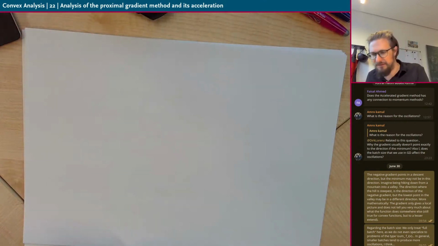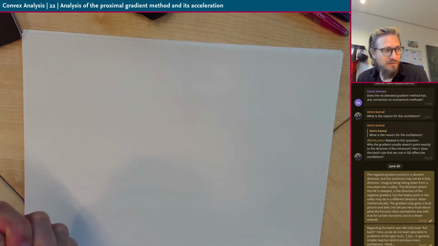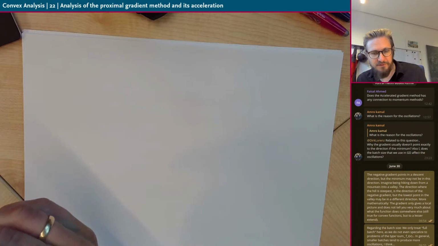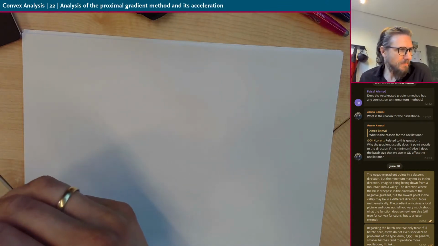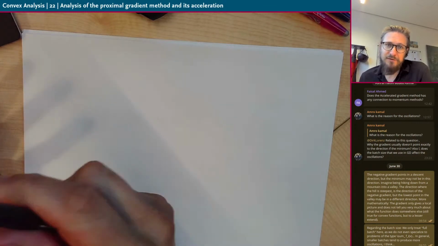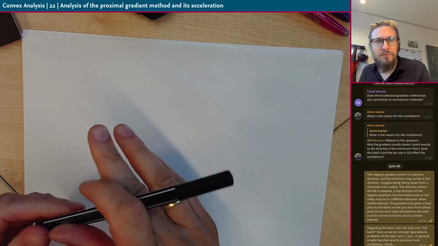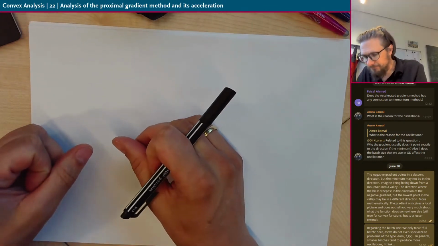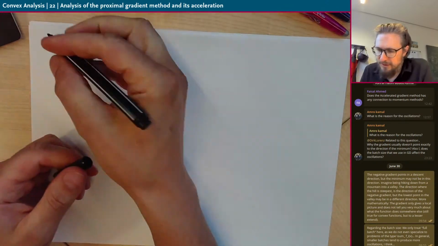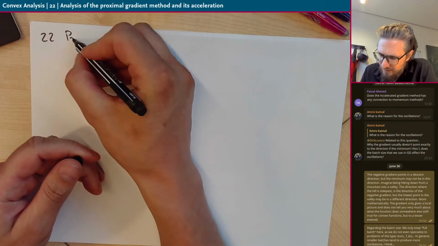Actually, the extension is not any more difficult than the analysis of the accelerated scheme in general, but it's practically very relevant. So we're talking today about the proximal gradient method and not the gradient method anymore. So our lecture 22 is the proximal gradient method.